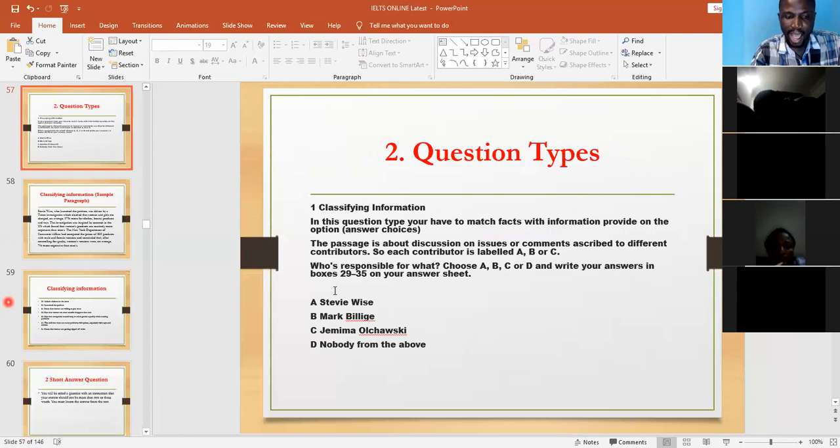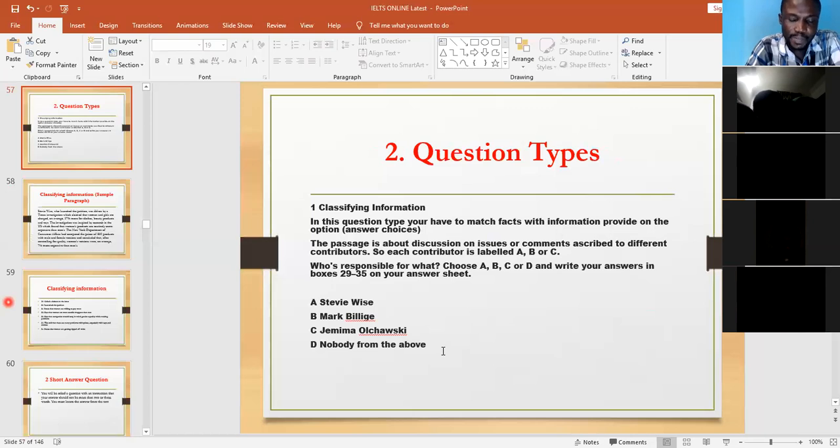And the people who made the discussion will be labeled A, B, and C. You can see in the slide in front of you that A is Steve Wise, B is Mark Village, C is Jemima Olkachowski, and D is nobody from the above. So if the statement is not credited to anybody, you will pick D.